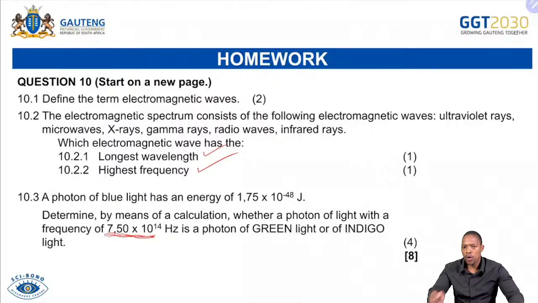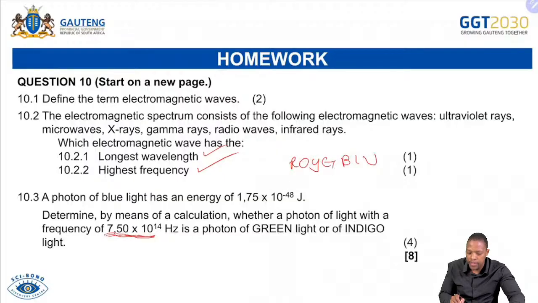So you are going to calculate that energy and compare it with the energy of blue light, and you are going to remember ROY G BIV. If they tell you that the energy of blue light is this much, then whatever energy you get, they are asking, is it green or indigo?